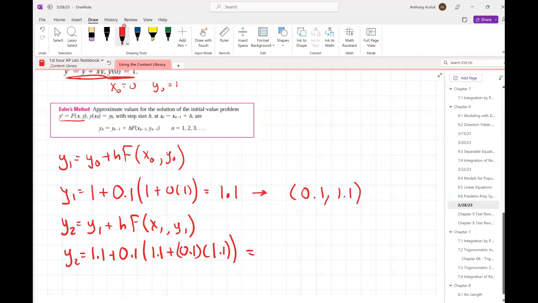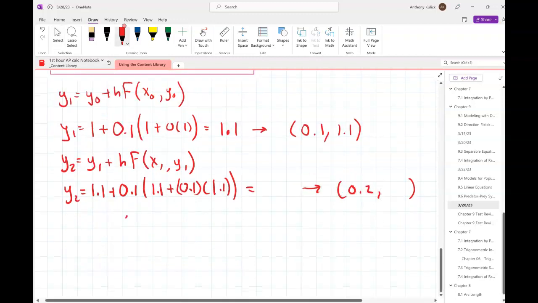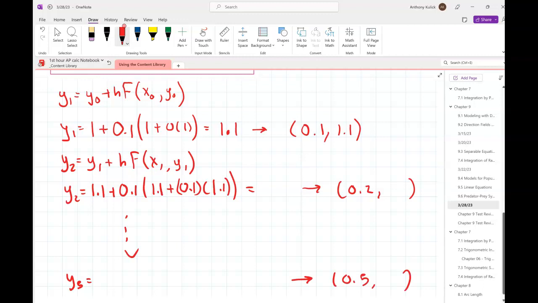Does that feel okay? Yes. Because this will give me then 0.2 something. You do y5, and that'll give you our approximation when x is 0.5.